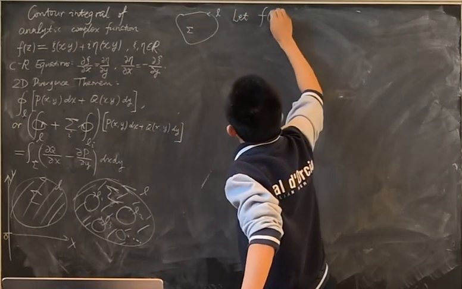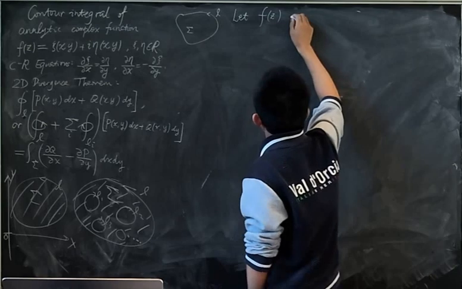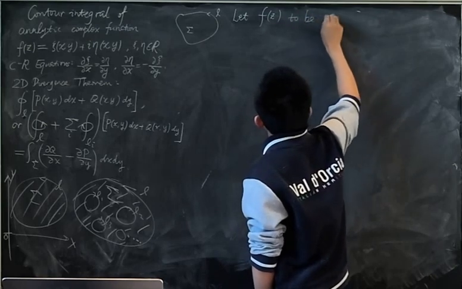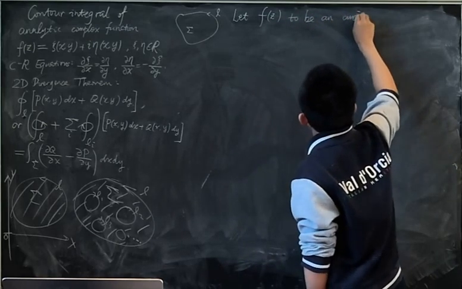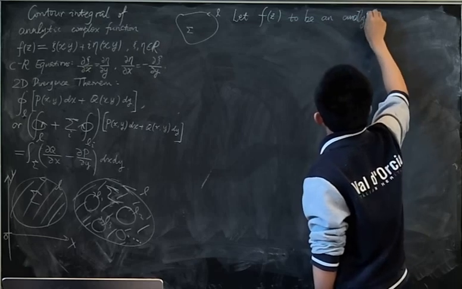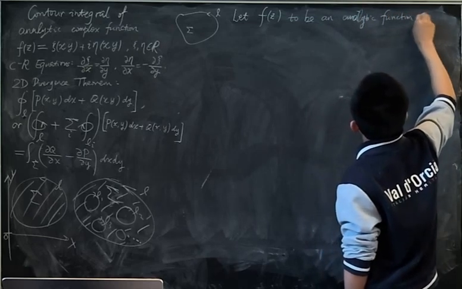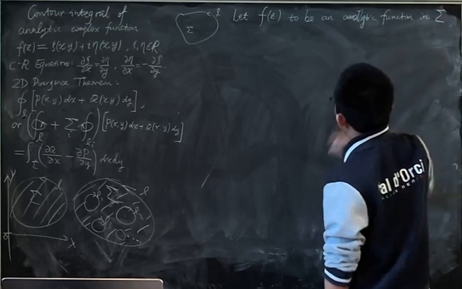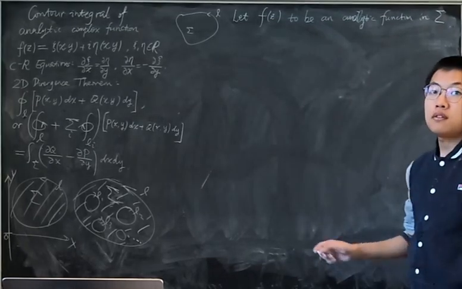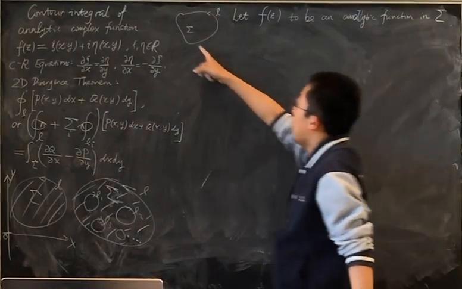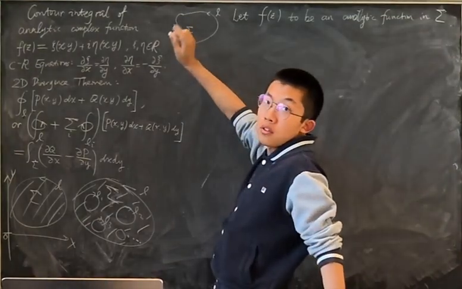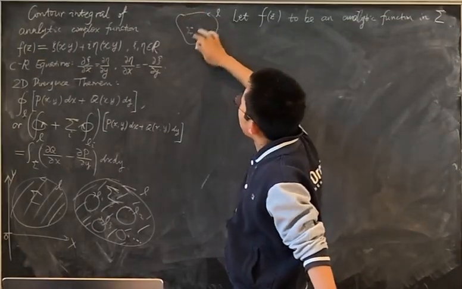Consider f(z) to be an analytic function in sigma. So the derivative of f exists at all points in sigma. There's no singularity at all in here.